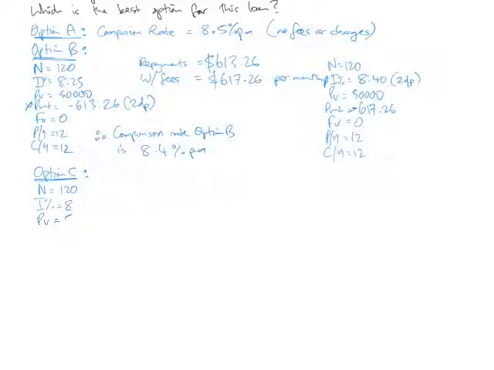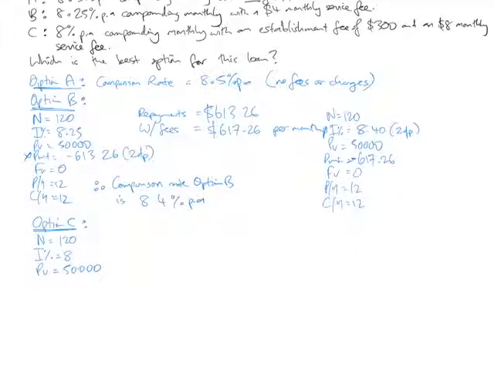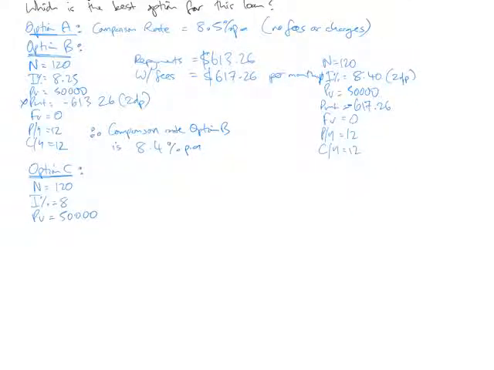PV, the principal was 50,000, but it had an establishment fee of 300. So it's going to be 50,300. Nope, an extra zero there. 50,300. We're trying to work out what the repayments are for this. Future value 0, PY 12, CY 12.